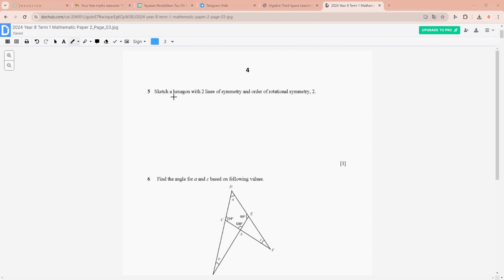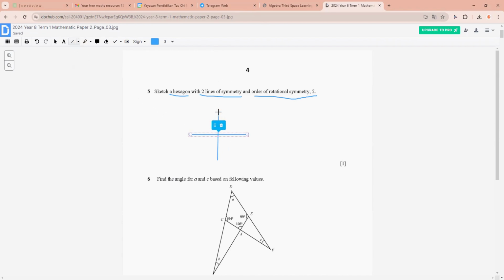Question 5. Sketch a hexagon with 2 lines of symmetry and an order of rotation symmetry 2. So for it to have a line of symmetry, we can start by drawing how the lines will look. It will look something like this, and these are basically the 2 lines of symmetry.